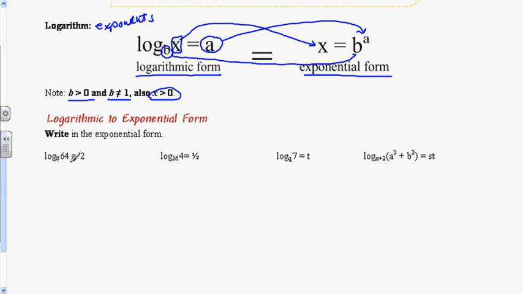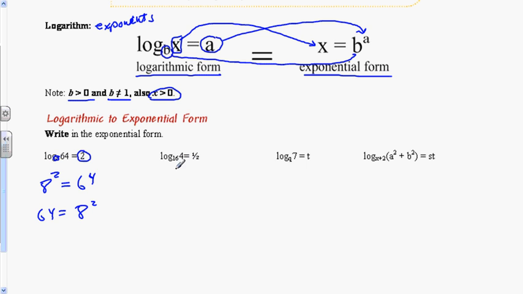Now let's go from logarithmic notation to exponential. Here's our base, 8. So you take the log of something, your answer is the power. And that gives you 64. If I go in the order that they had it, it would look more like this, just the other way around.